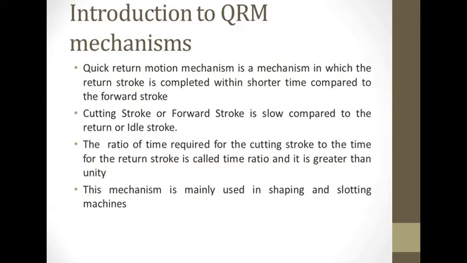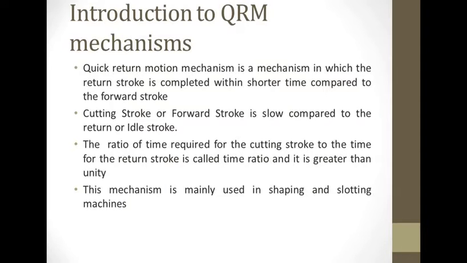During the cutting action the speed is less and the time required is more. During the return stroke the time required is quicker, since there is no cutting action happening. So the tool can return at a faster rate, so that productivity can be increased here.